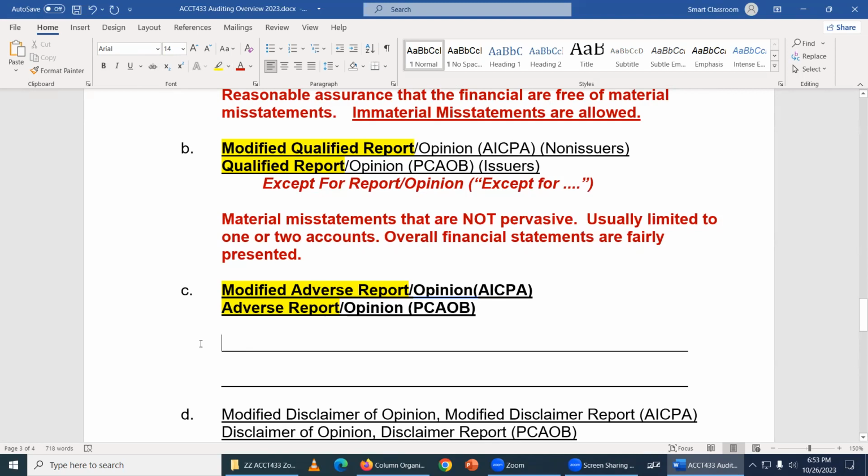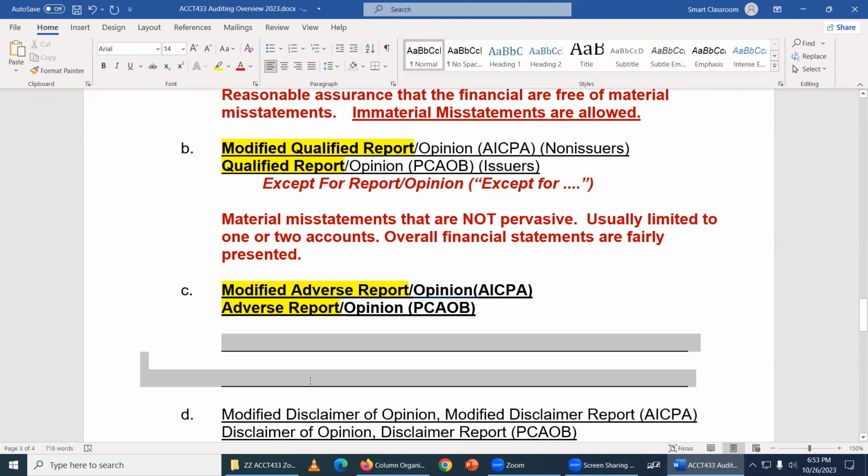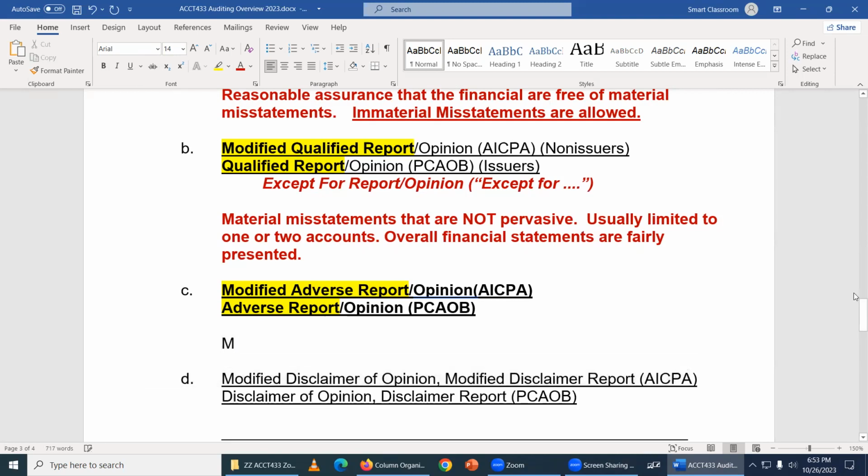This is when the financial statements have material misstatements that are pervasive, throughout the financial statements.